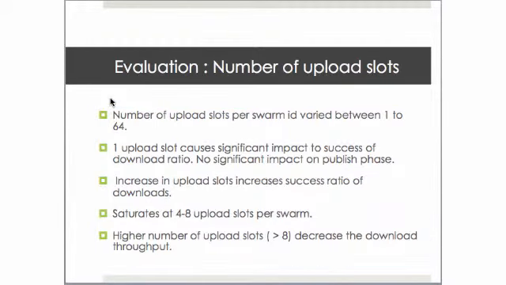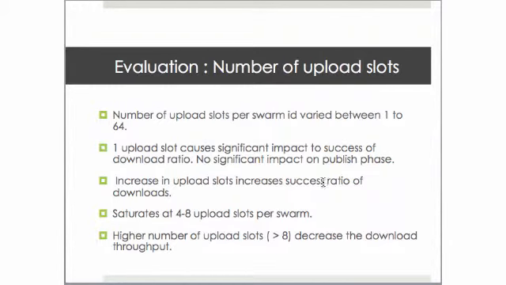In the third comparison, the authors vary the number of upload slots in the peers from 1 to 64. Using one upload slot causes significant impact to the success of the download ratio. The performance saturates when the upload slots are around 4 to 8.